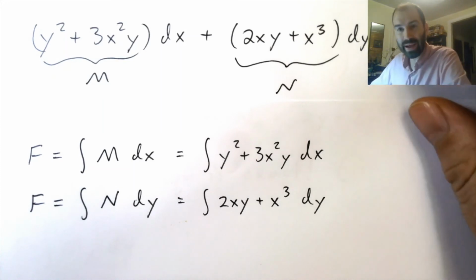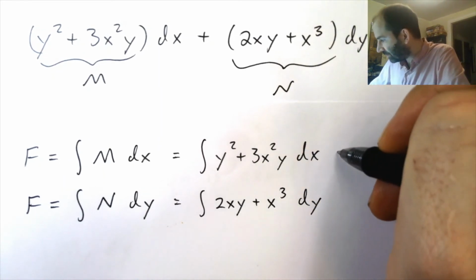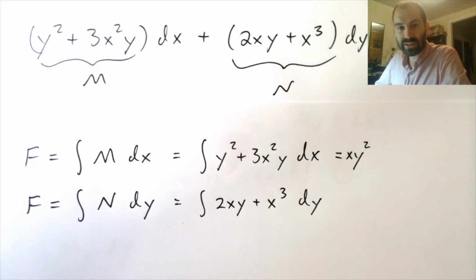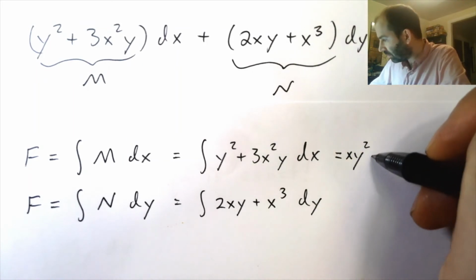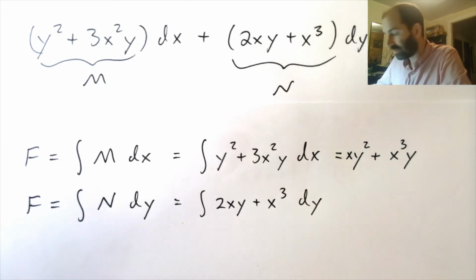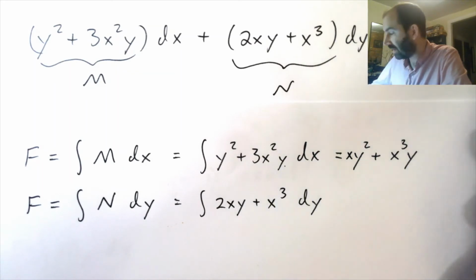Okay, welcome back. When you anti-differentiate this guy, you should have gotten xy squared plus x cubed y plus a constant. Now remember, we're treating y as a constant, so any function of y will be a constant.